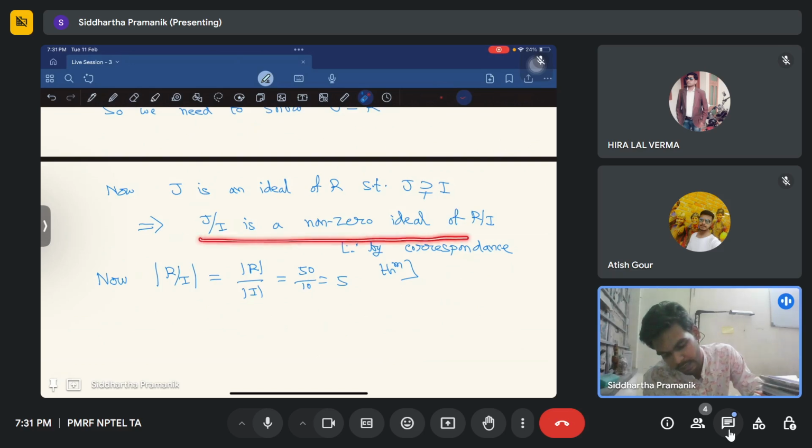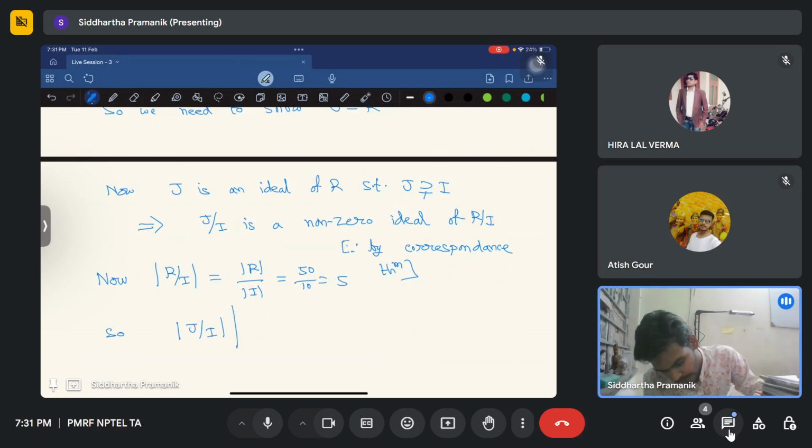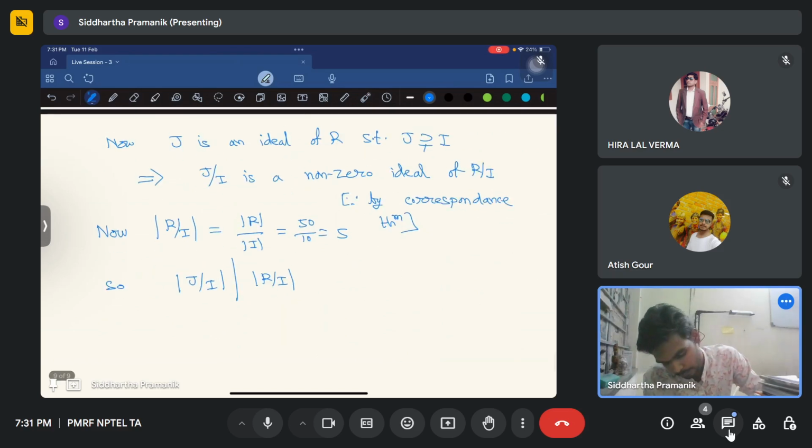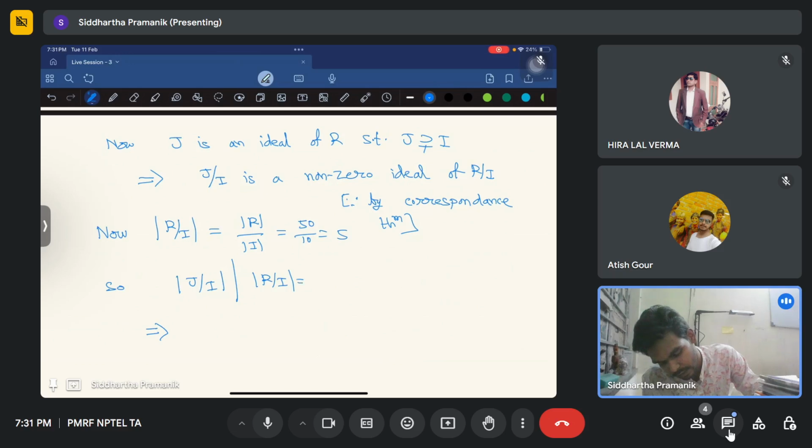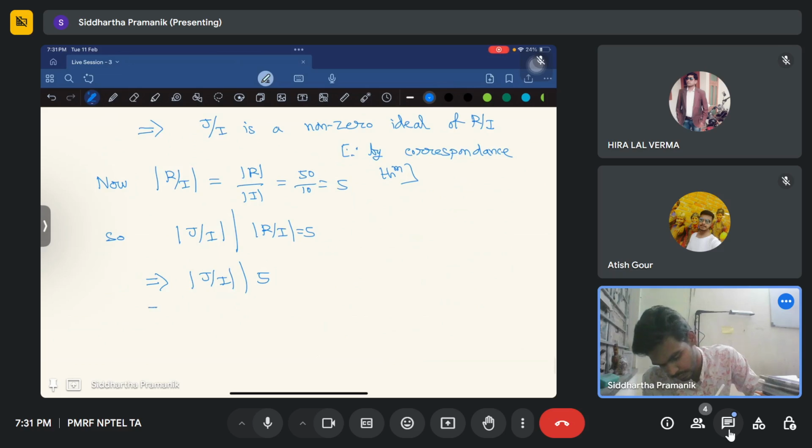Now J mod I is an ideal, so it is an additive subgroup of R mod I. So the order of J mod I must divide the order of R mod I, by Lagrange's theorem of groups. Now this cardinality is 5, so the cardinality of J mod I divides 5, and 5 is a prime number. So the cardinality of J mod I is 1 or 5.